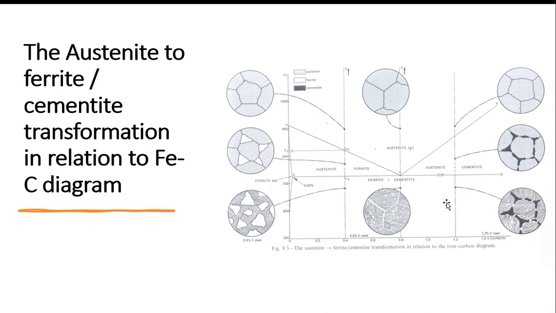Due to that change, it will fail, because it will move from ductile to brittle, right? A simple example I'll explain: the Titanic ship also failed due to the transition of this kind of phases or structures.